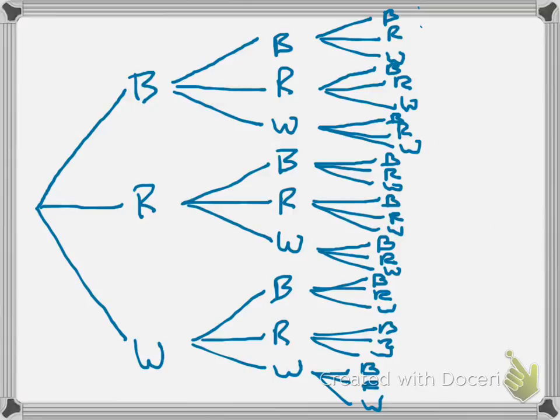So the first question that we need to calculate says the group ends up with a red cube, a white cube, and a blue cube. So let's go through and look at the diagram and see where this happens. We're not going to use the top set of branches because it goes from blue to blue, and then that would give us 2 of the same color cubes, so that wouldn't be very good.